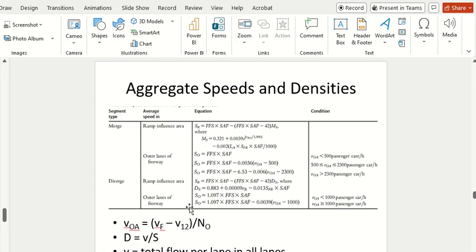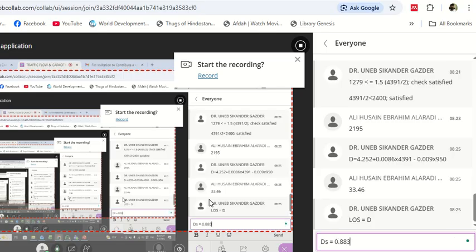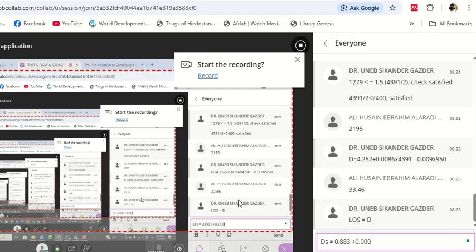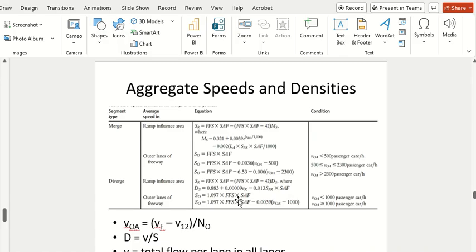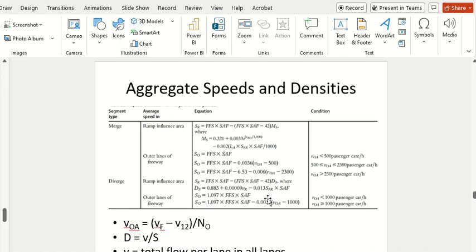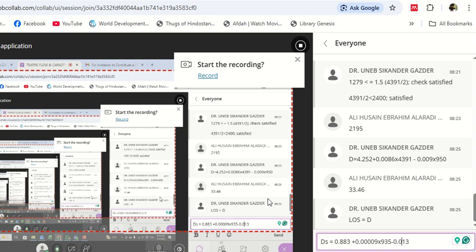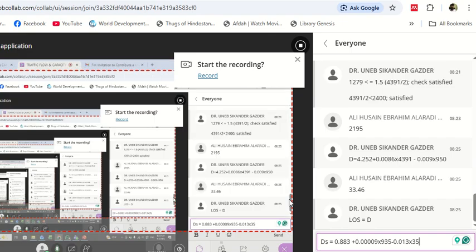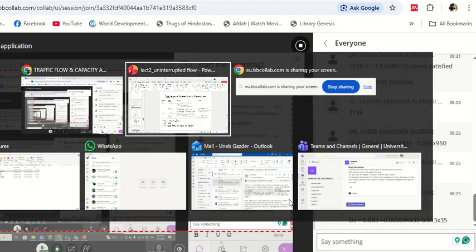So DS equals 0.883 plus VR, which was 935, by 0.13013 into the free flow speed of the ramp, which is 35, into adjustment factor. There's no condition given for adjustment factor, so I'll just keep it as it is. So how much is my DS here?